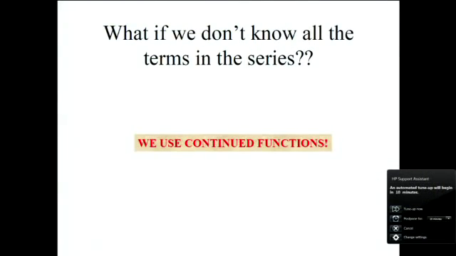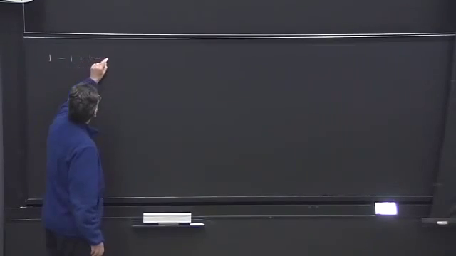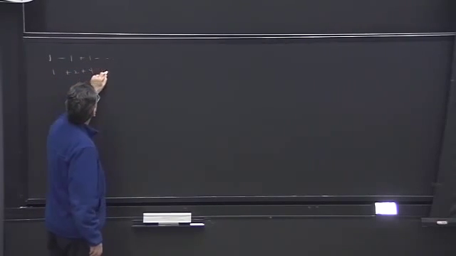Question is, what do we do in the realistic case? Okay, realistically, you are not really summing series like those funny series we looked at, 1 minus 1 plus 1 and so on, or 1 plus 2 plus 4.